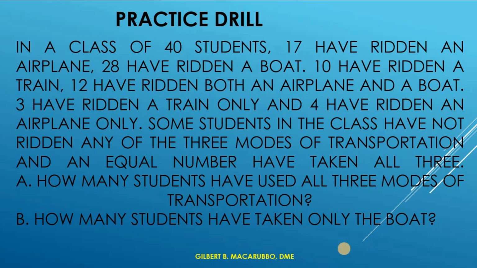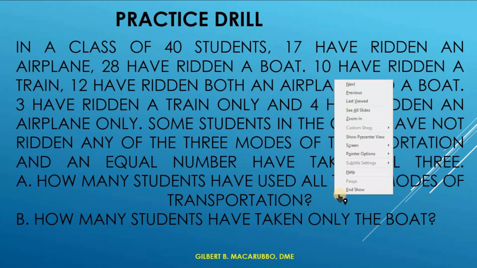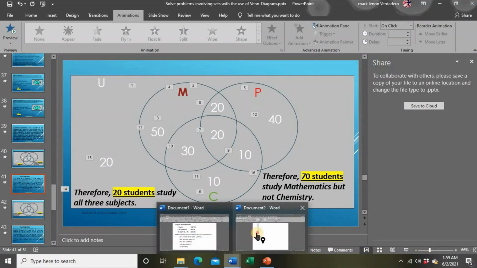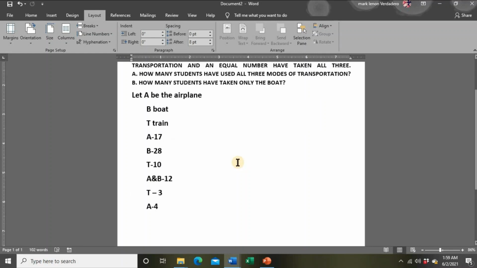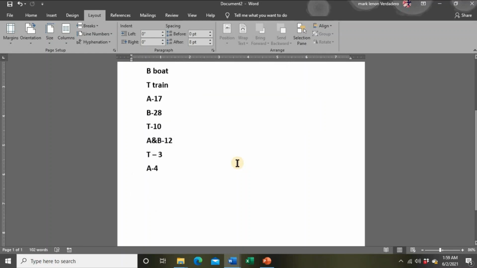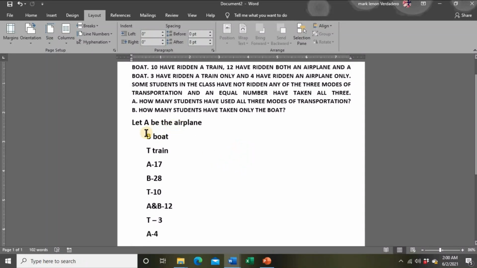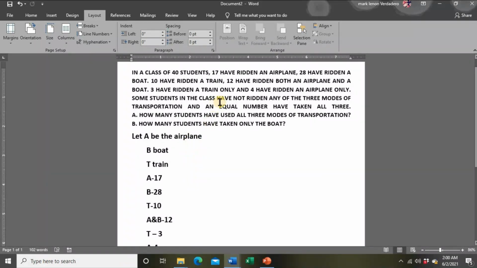So to answer that, syempre, magsusolve tayo ulit. So pupunta tayo ulit sa ibang dimension. Okay, so ito na yun. So we let A be the airplane, B boat, T for the train. And sabi dito, 17 yung sumakay ng airplane.